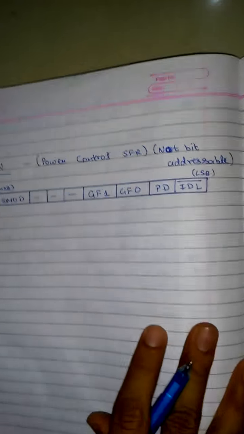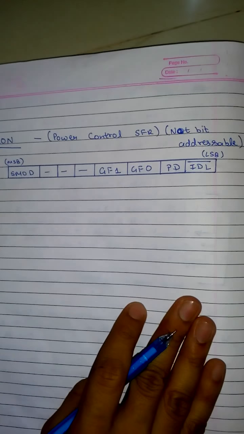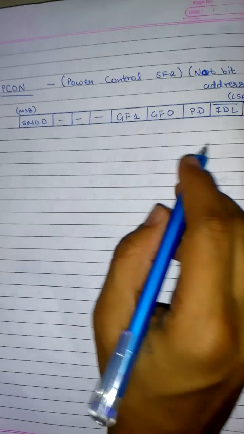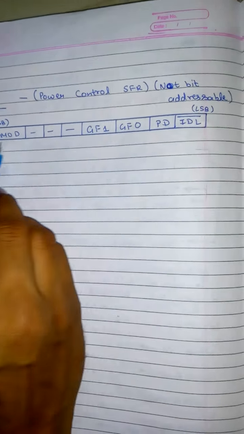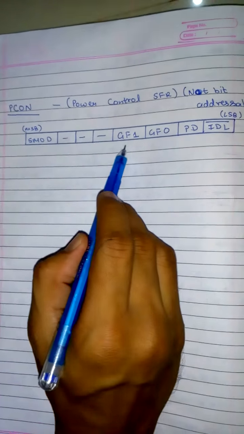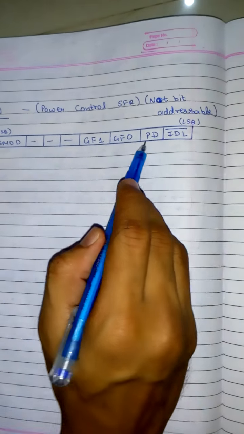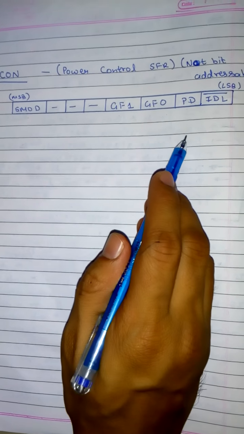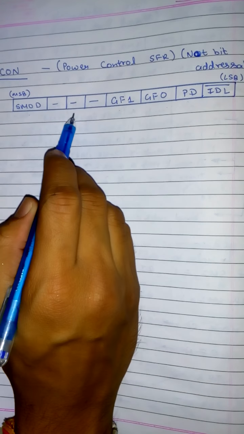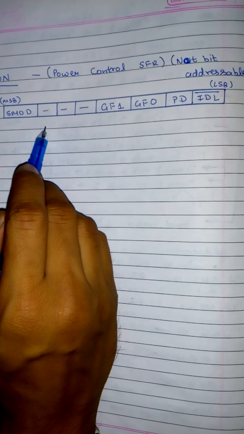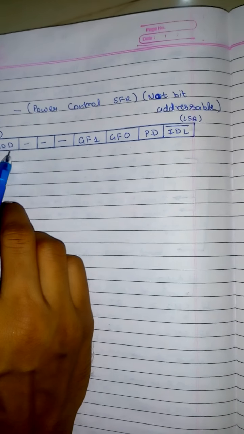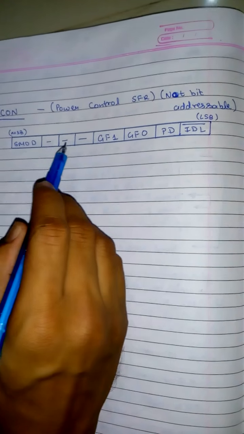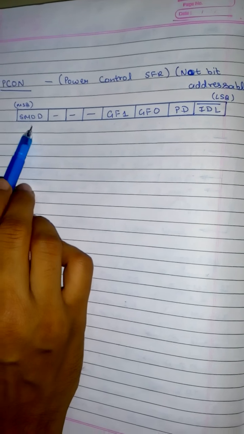Next you have PCON, the power control SFR. First of all, it is not bit addressable. You have SMOD, GF1, GF0, PD and IDL bar. SMOD you have seen before. It is used for baud rate programming in mode 1, mode 2 and mode 3 of the serial port.